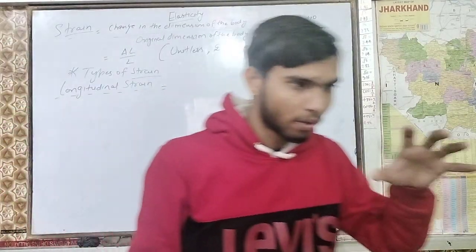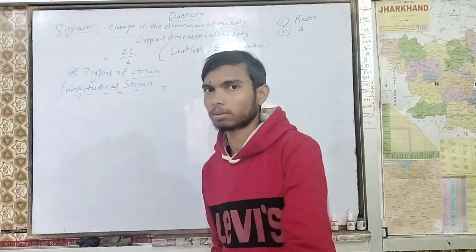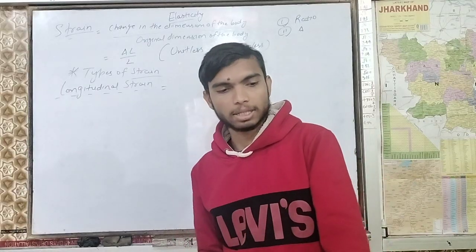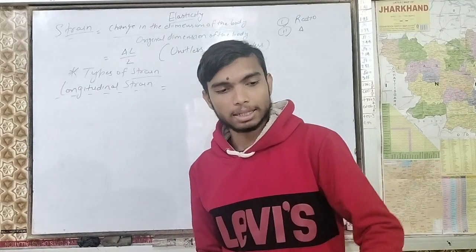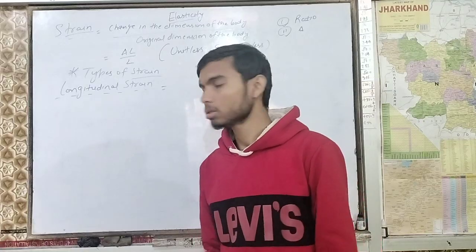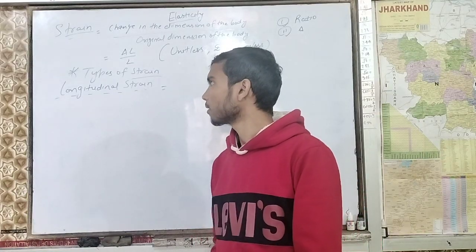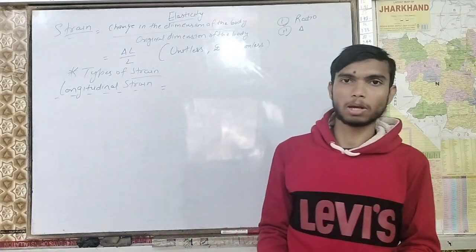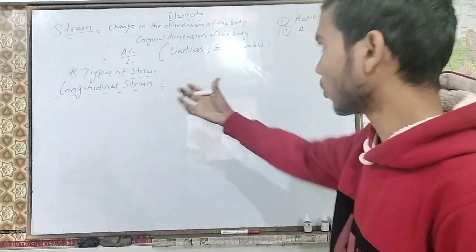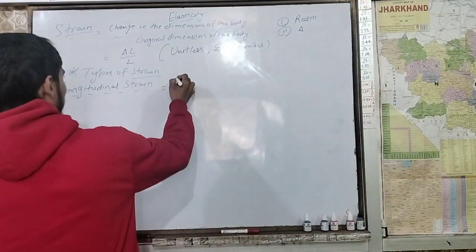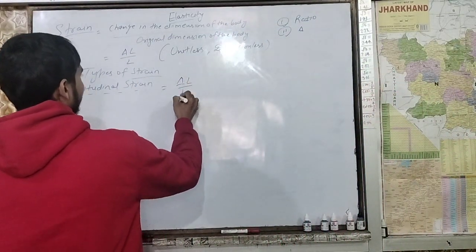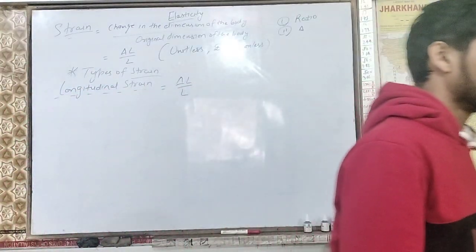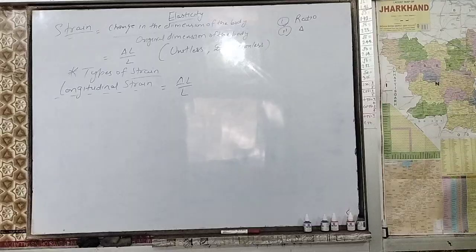Here, when we apply a force perpendicular, normal to the surface of the body, the change in length upon L will be equal to longitudinal strain. So this is dl upon L. It seems like this is equal to strain, but it may be equal to the strain, but not completely.